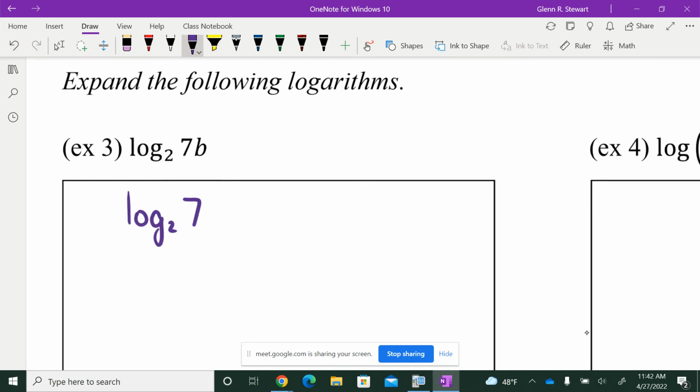Log base 2 of 7 plus log base 2 of b, and use the addition property. This right here is my final answer. I don't have to do anything more because I don't have an equal sign. I've simplified it and expanded it into the biggest part that I possibly could, and that's it.